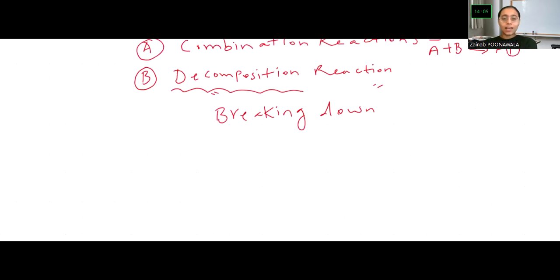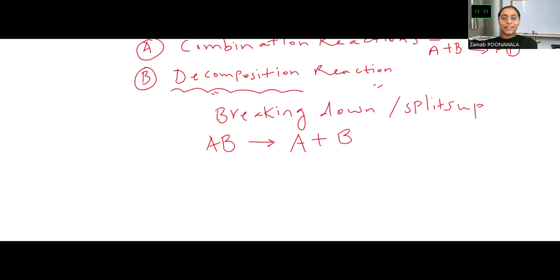With that, I mean we have only one chemical reactant, and then that splits up into two or more different products. So say for instance, we have something which is AB, then that decomposes into A and B. Do you have any questions so far? No? It's all going good?